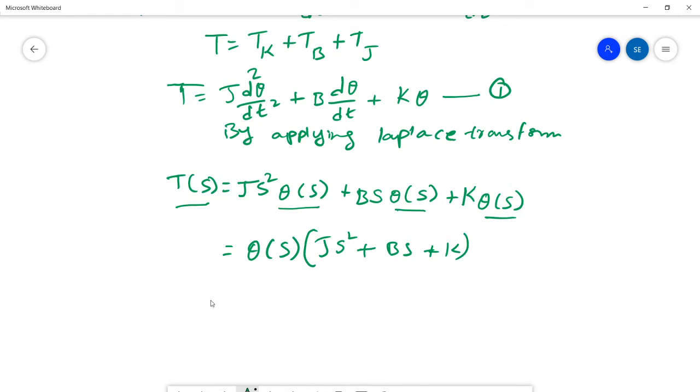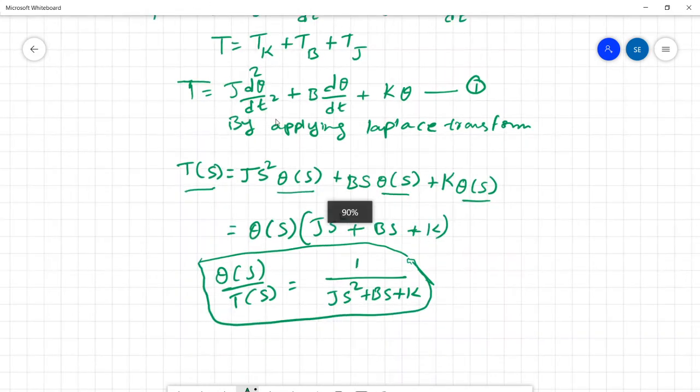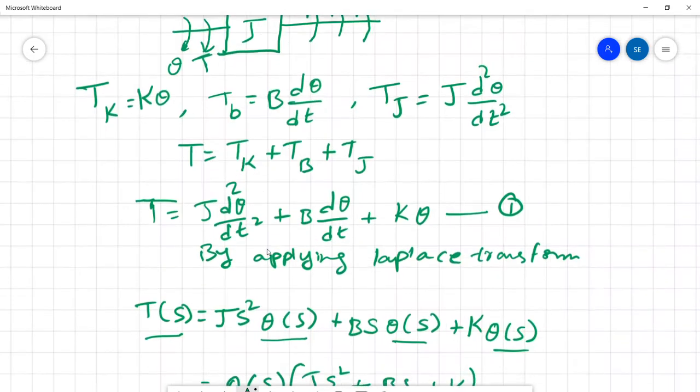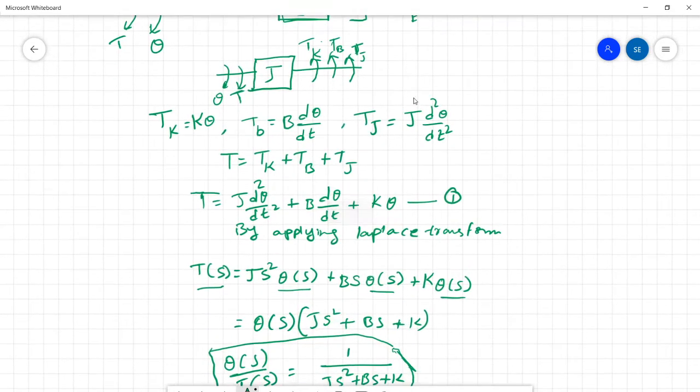So what is theta of s by T of s? That is 1 by Js square plus Bs plus K. So this is the mathematical model for the given system, right? This is the system, and for this system this is the mathematical model.